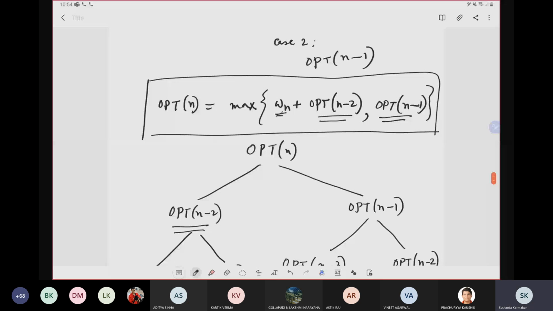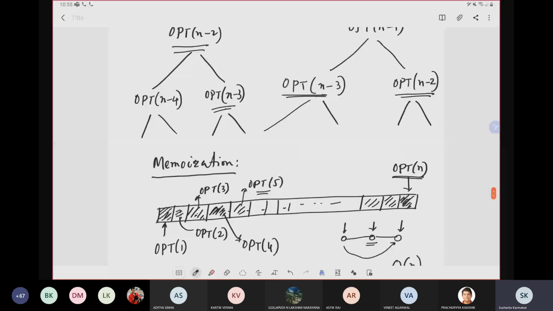Okay, you just go for opt-n minus 1, and during its maximum value computation, which one did you take basically? Did you take this part or this part? Depending on which resulted in the maximum, once you have this opt, you just scan through this array once more, and you can backtrack the set.